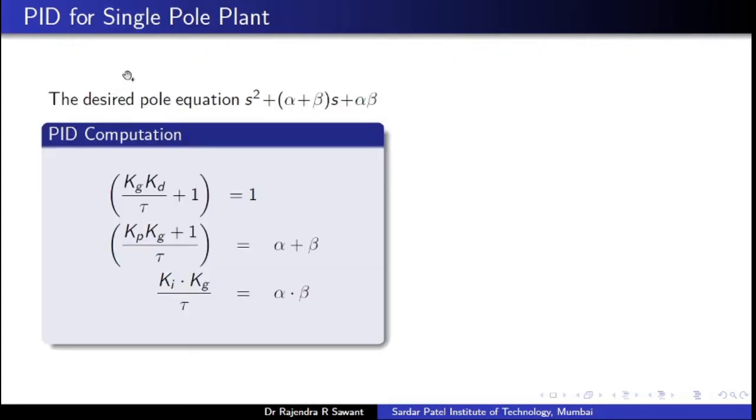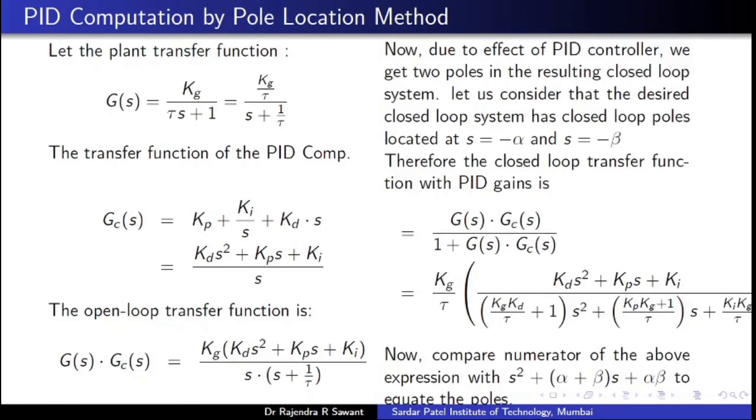Now the desired pole equation can be written as s square plus alpha plus beta into s plus alpha beta, and we compared the terms and got these expressions. How are these equations obtained? By comparing the s square coefficient with 1, because the expected denominator of the closed loop transfer function has an s square term.